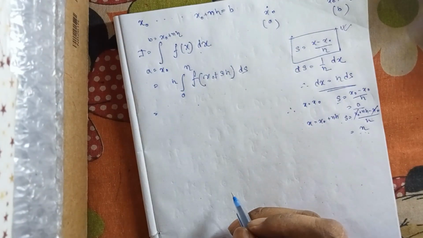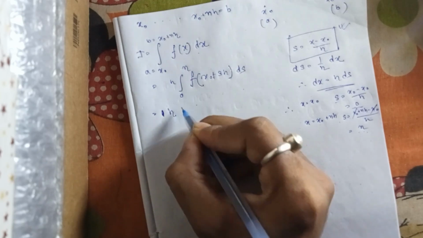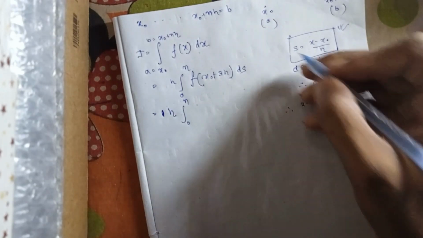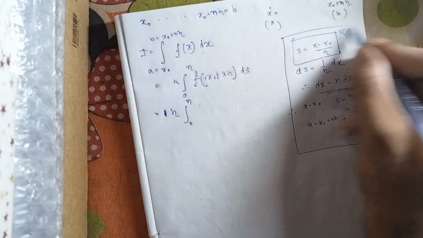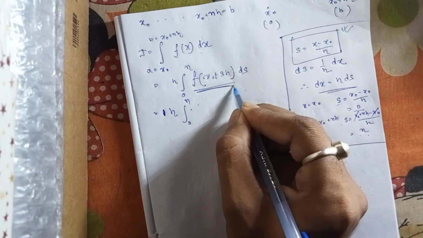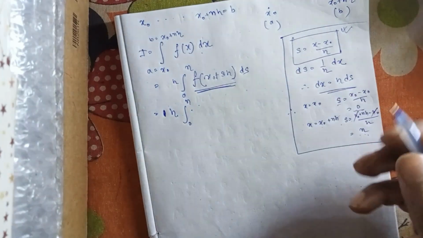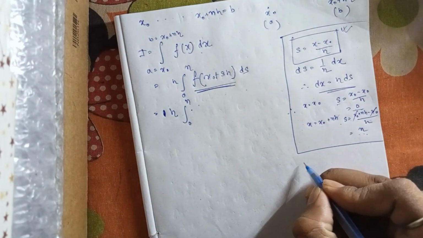So we have h into the integral. Can you remember that in the previous numerical methods video we already discussed some examples like the shifting operator?